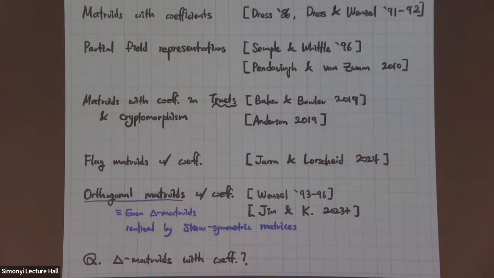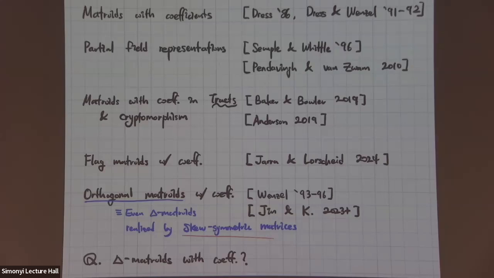Tong already said that he and I did another generalization regarding skew-symmetric matrices, and Manuel, Jaraa and Oliver also gave another way to generalize this concept, called the flag matroid coefficient. In the case of the orthogonal matroid, this is realized by skew-symmetric matrices.